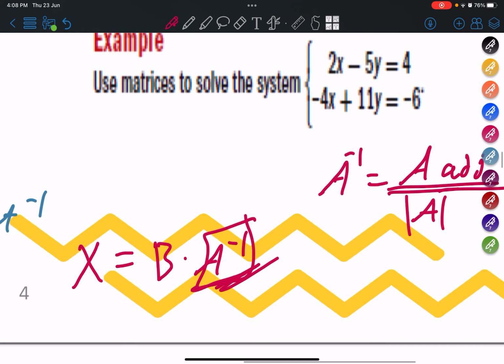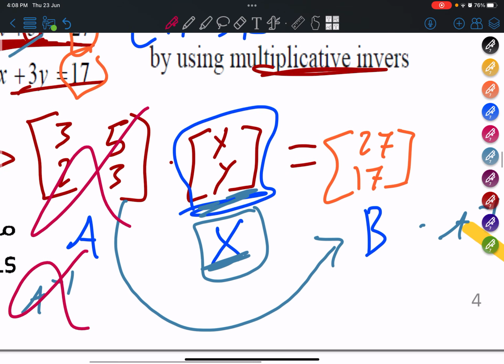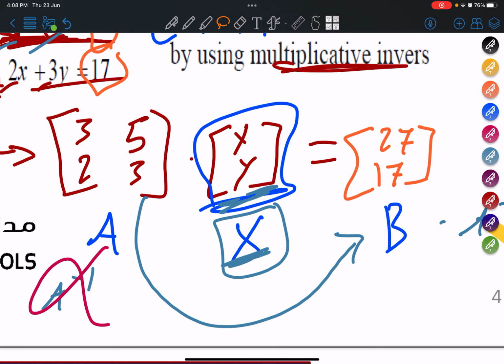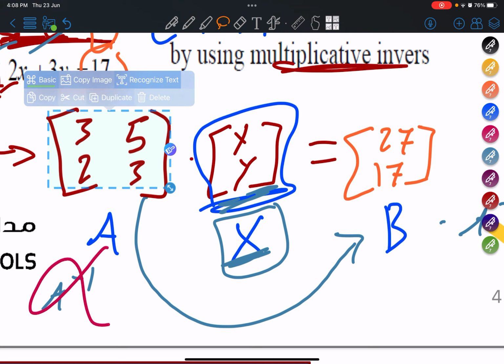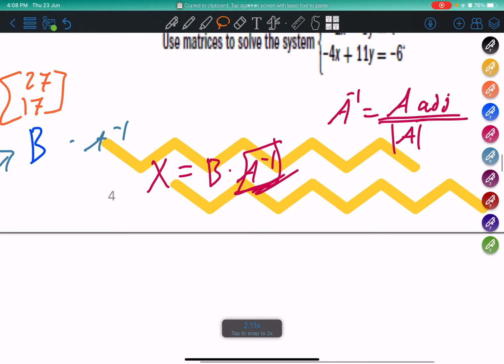A adjoint, so that is when you take, okay, let's work with the matrix that we will be answering with. So copy.